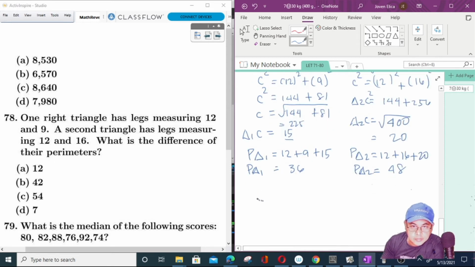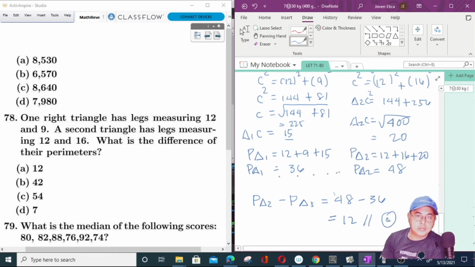So the difference of the perimeters is the perimeter of triangle 2 minus the perimeter of triangle number 1, which is equal to 48 minus 36, equal to 12. 12 is letter A. So in this problem, you need to know the perimeter of a triangle.